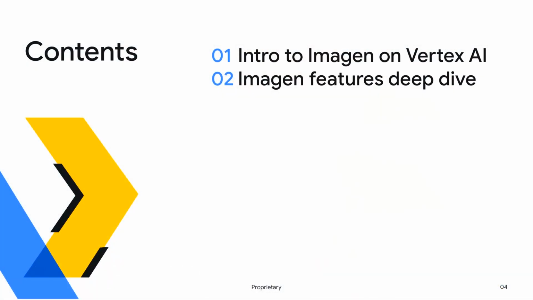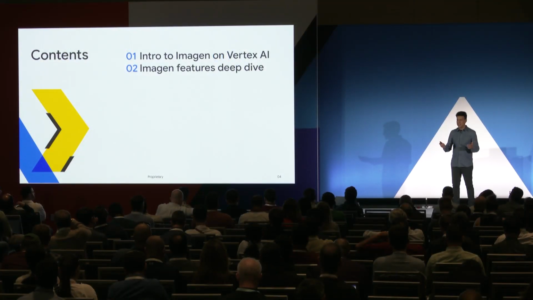Following that, we'll do a deep dive of some of the Imagen features. As you heard from Sundar, Thomas Kurian, other executives, we had a number of launches this week for Imagen. We're very happy about that. And we reserved some additional launches that we'll talk about in the session today.